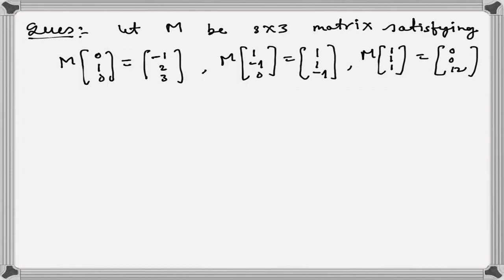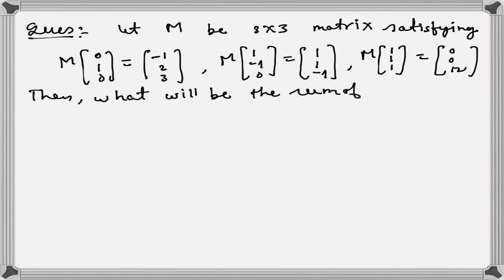Then what will be the sum of the diagonal entries of M?